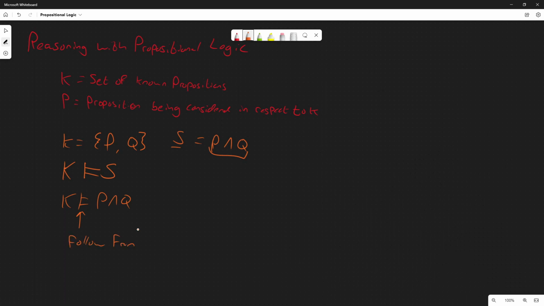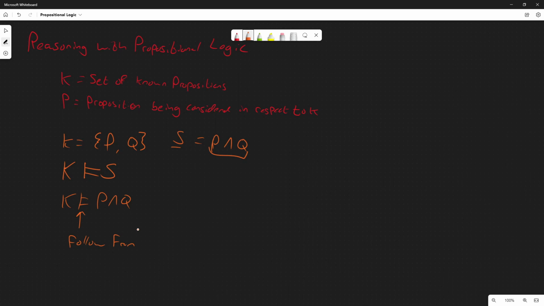Given what K tells us, can we also say P and Q? The important thing to remember is that what we have in K is true. So P is true and Q is true. That is what K tells us. These are given facts. P is a fact and Q is a fact. Therefore, is P and Q also a fact?